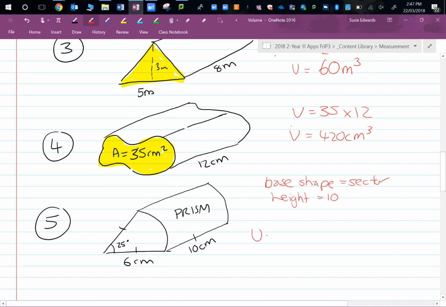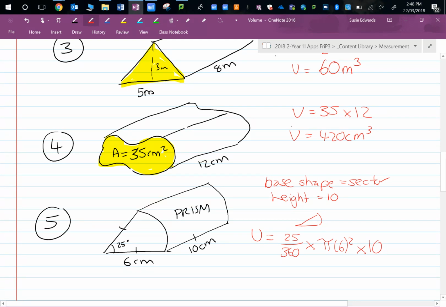How do I find the area of the sector? Good. 25 over 360, because it's that section of a whole circle, times by pi r squared. What's the radius? Times by 10.